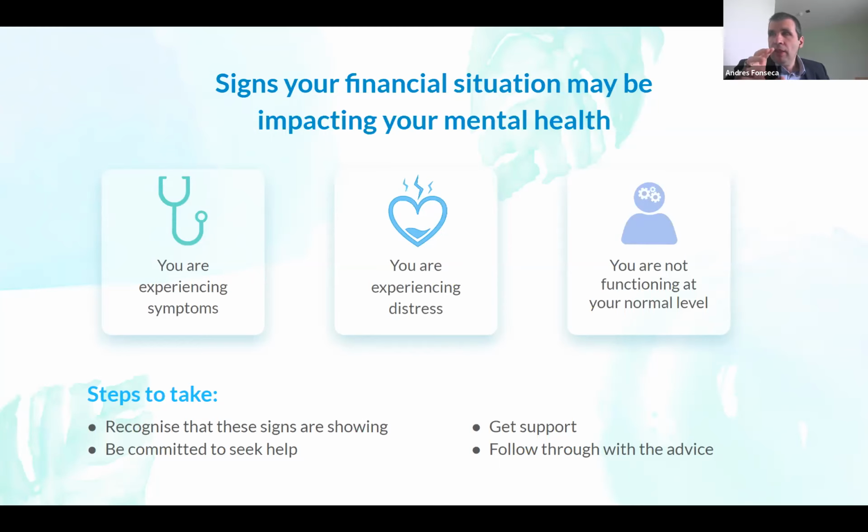So the question to ask oneself as to whether the situation is causing more serious problems is, am I experiencing any chronic, any significant symptoms? Those symptoms could be quite significant anxiety to the point of having panic attacks.